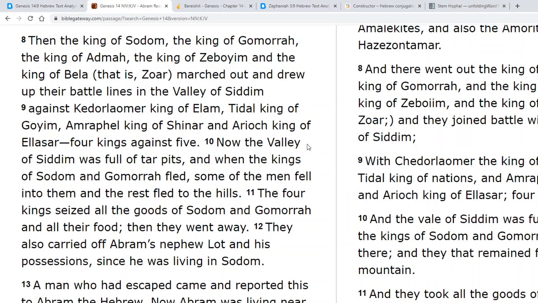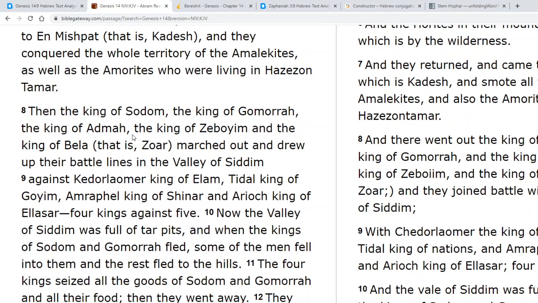So that might explain why. Right, we had king of Stom, that's 1. King of Amorah, that's 2. King of Admah, that's 3. King of Tzivoim, that's 4. And king of Bela would be 5. Right? So it says 4 kings against 5.